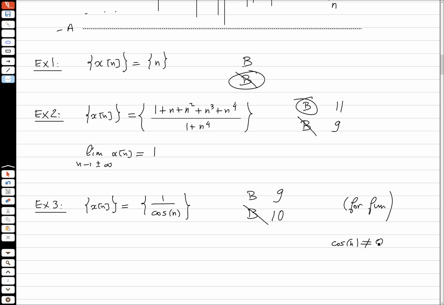Okay, it's fine. I give you a second chance. Let's vote again. How many of you vote this is bounded? And how many of you vote this is not bounded?